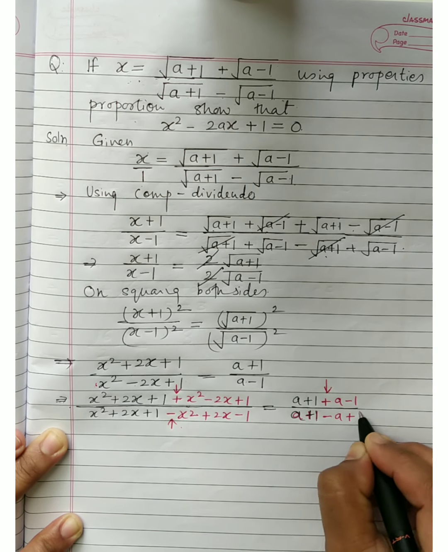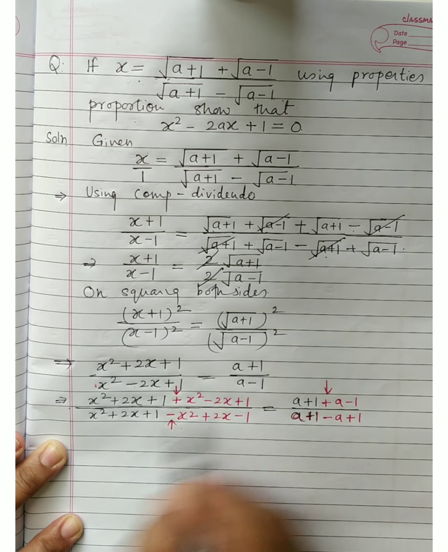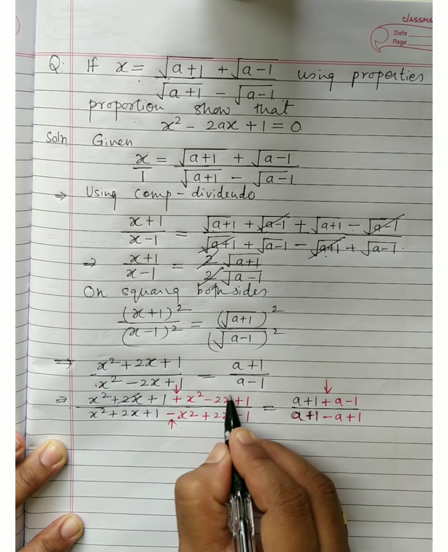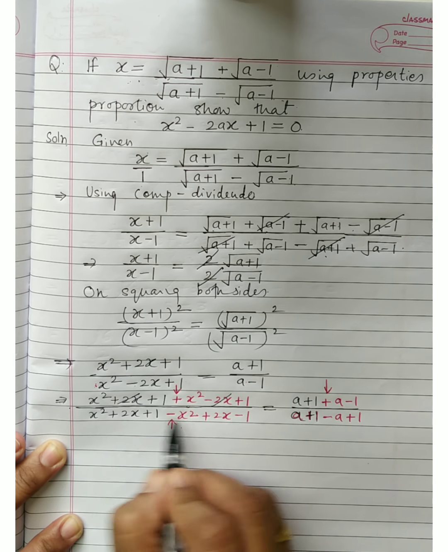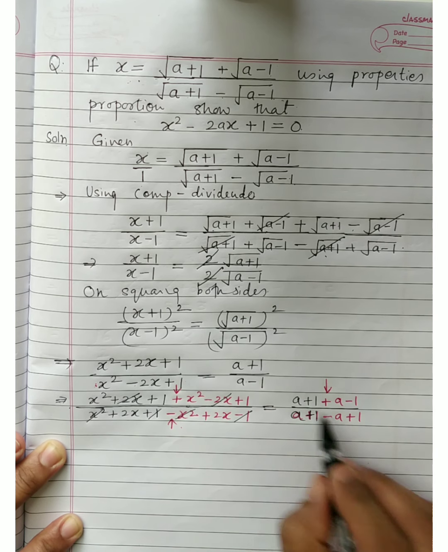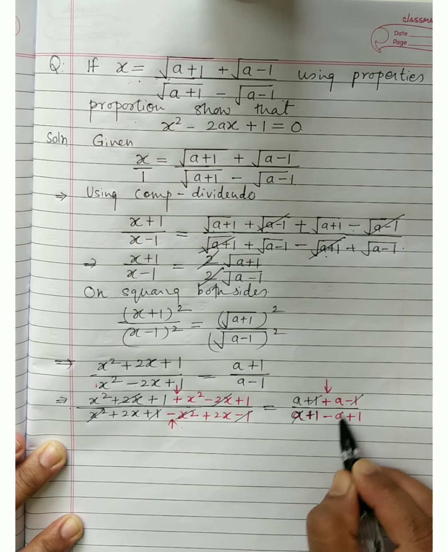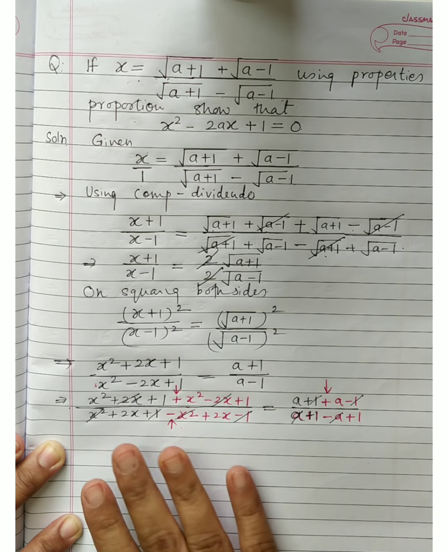Minus a + 1. Now simplify the terms which will get cancelled. Plus and minus 2x gets cancelled here. Plus minus x² plus 1 minus 1. a + 1 minus 1 plus a minus a. And these terms are getting cancelled.